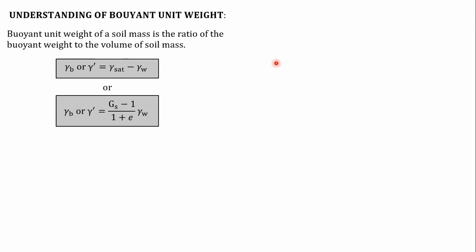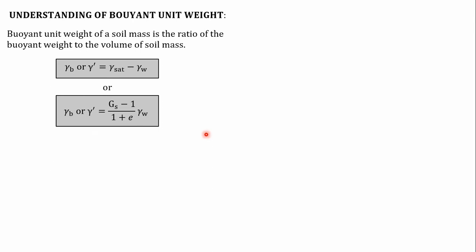Buoyant unit weight is symbolized as unit weight prime, which is equal to unit weight saturated minus unit weight of water, or we can come up with this: (Gs minus 1) over (1 plus e) times unit weight of water.